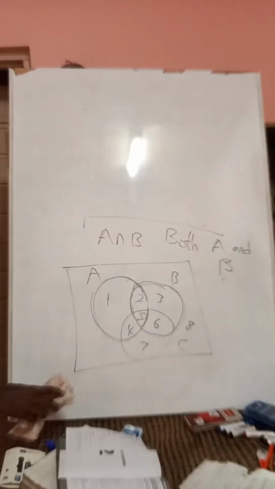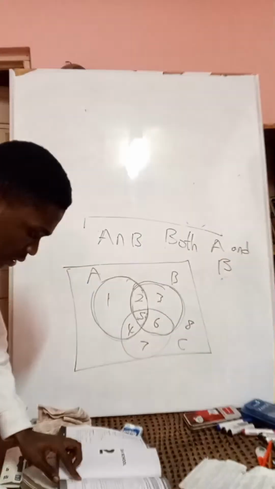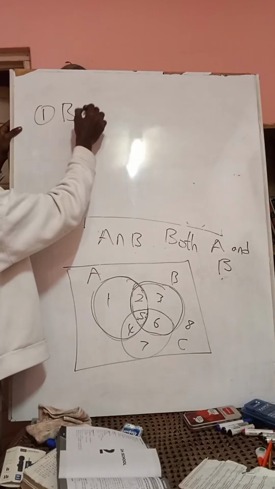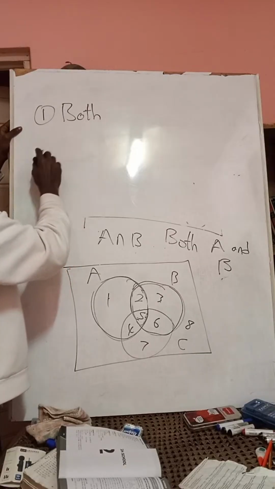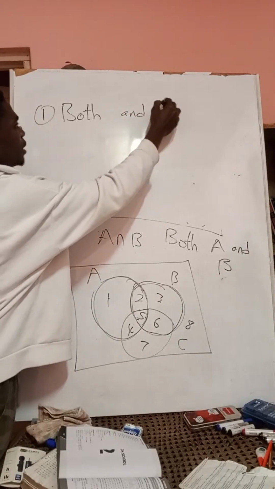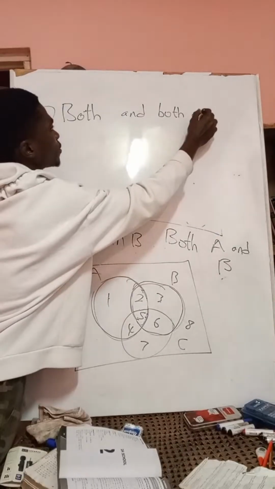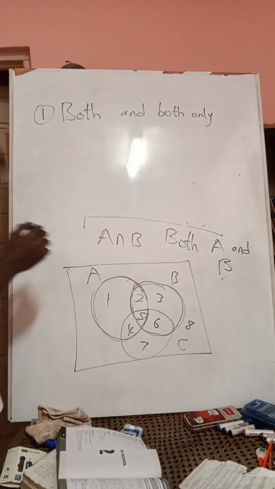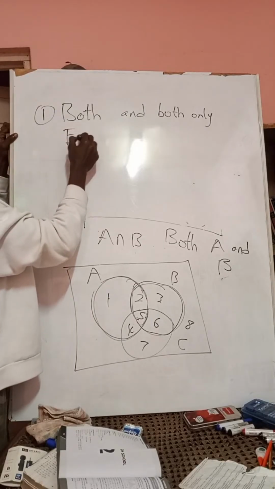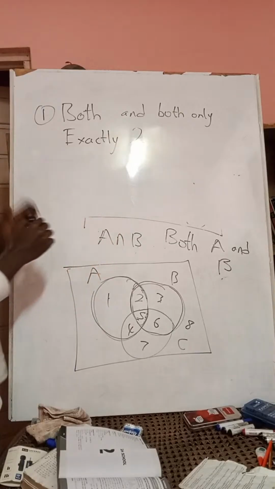Now let's continue. They can ask you to find certain terms here. When I talk about both subjects and both only, the regions are different. Now the both only here is the same as exactly 2.